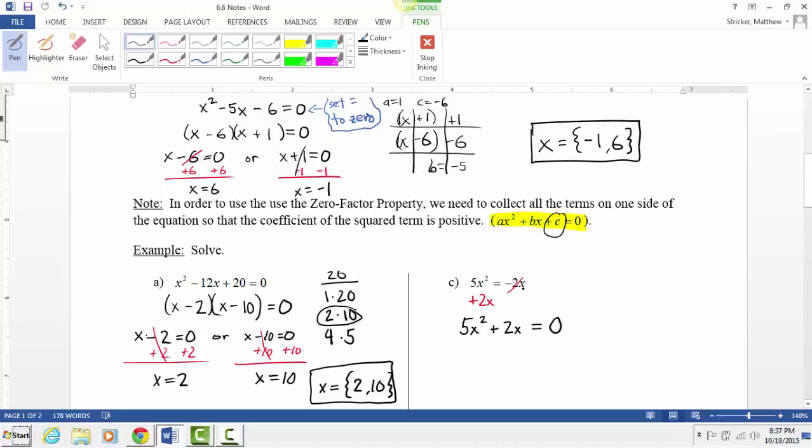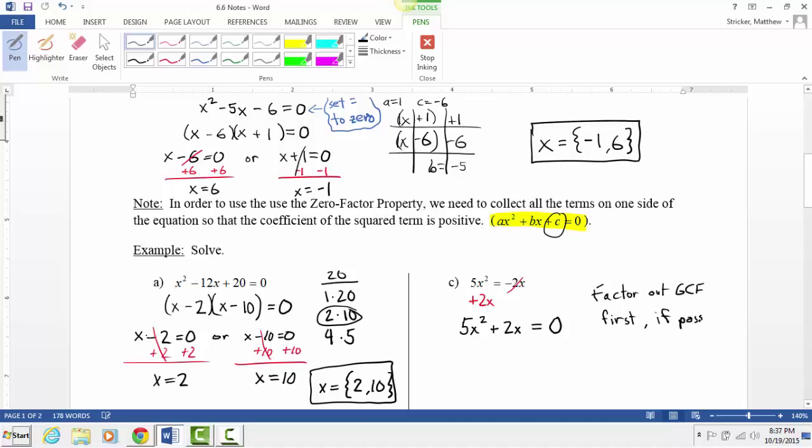And now we want to factor again. Now remember, the first thing that we always want to try when we're trying to factor is we want to factor out the GCF first. You always want to try this first, if possible, of course.